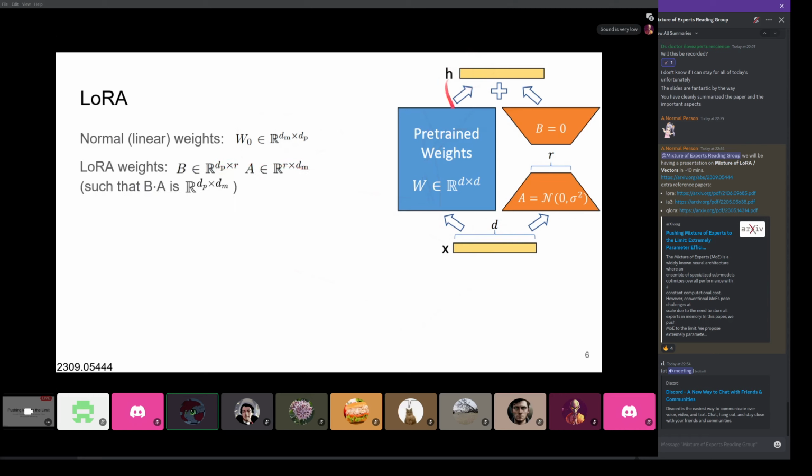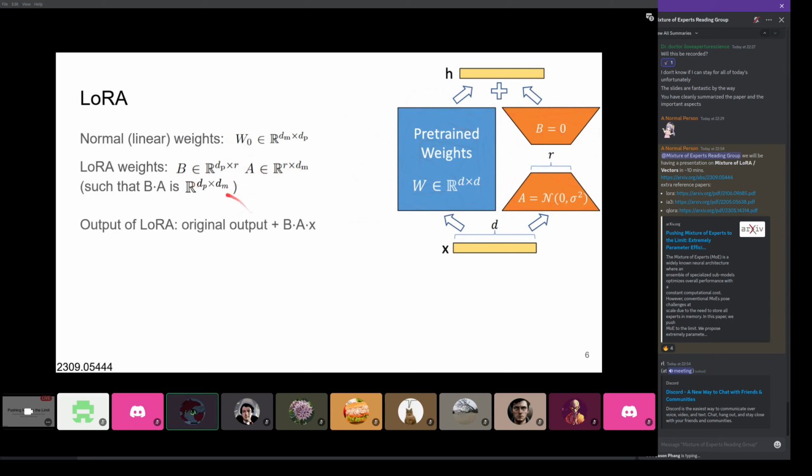For LoRa, you have two different matrices that are both much, much smaller than the pre-trained weights. D would usually be on the order of 4,000 for Llama 7B, but the R constant, which is the rank of the LoRa, will be much smaller, something like 4 or 8 or 16. So the size of these two matrices is much smaller than the original weight matrix.